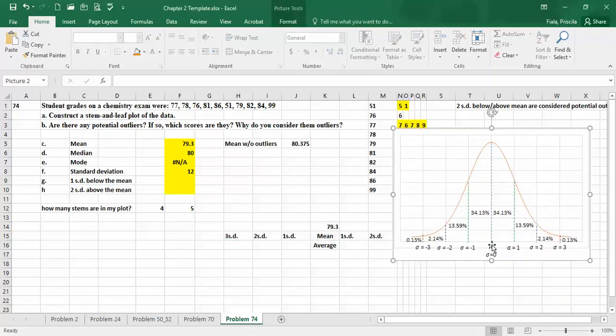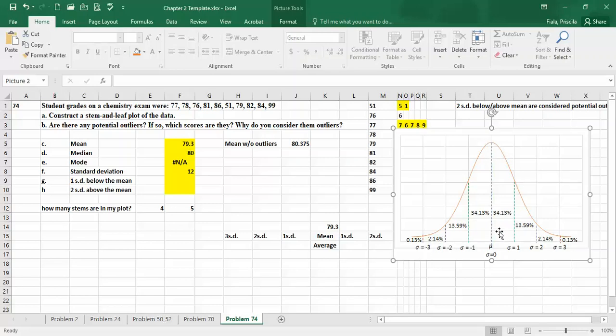So right here is your mean, or your average, where your standard deviation is considered 0. Then we have one standard deviation above the mean, two standard deviations above the mean, three standard deviations above the mean. Then we have one standard deviation below the mean, two below the mean, three below the mean.